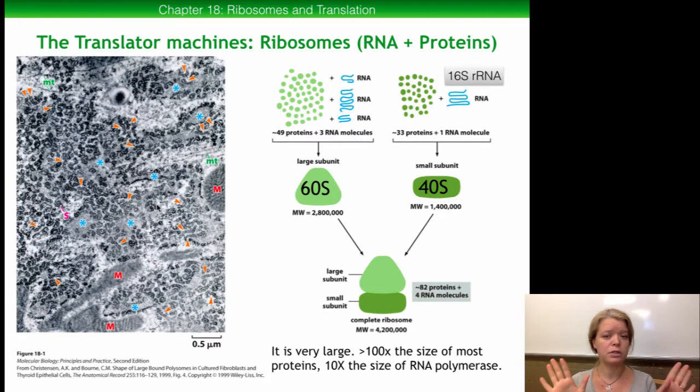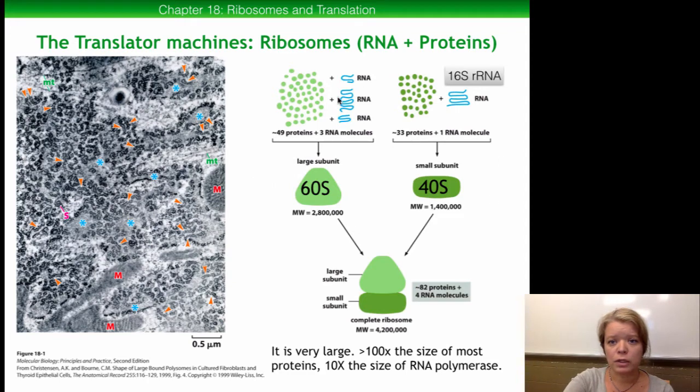Normally you can't see proteins, they're simply too small. But the ribosome is such a large arrangement of proteins and RNA that it can be visualized under the electron microscope. Their size is about 100 times larger than an average protein and even 10 times larger than the quite big RNA polymerase complex that is responsible for RNA transcription.